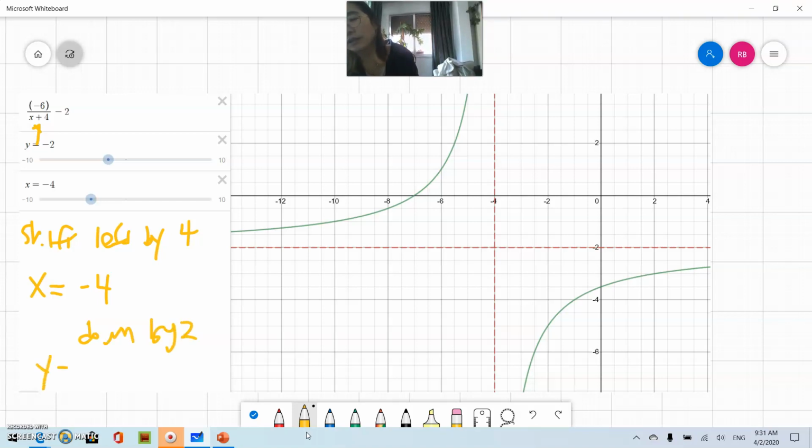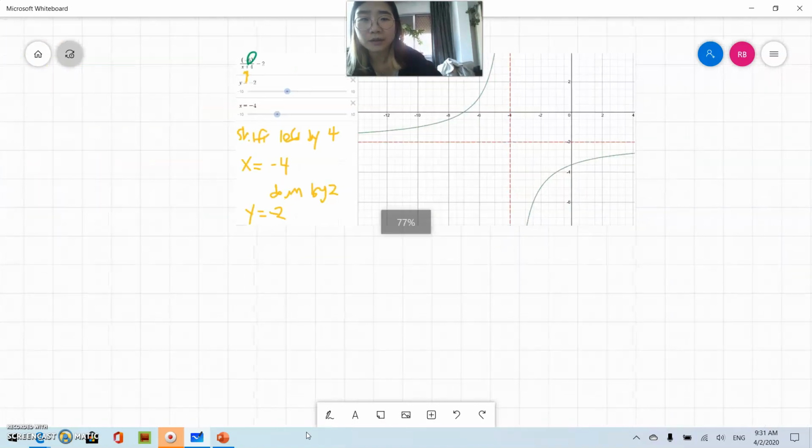Okay, so then that's why my horizontal asymptote is y equals negative 2. The 6 stretches all my values by 6, so you multiply 6 to your original parent function, and then you reflect it over the x-axis. Okay, so that's why your branches are in the second quadrant and the fourth quadrant instead of the first and third.